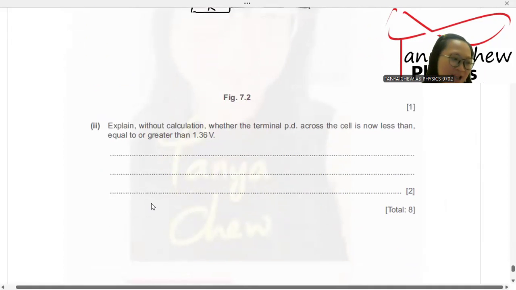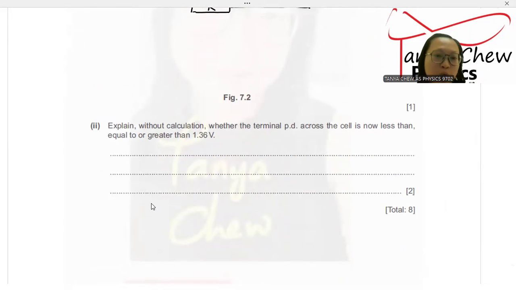Now, the next one, explain without any calculation whether the terminal PD across the cell is now lesser than, equal to, or greater than 1.36 volt. I want you to see this, right? We are using this equation of Ohm's law. Since the two resistors are being connected in parallel, the total resistance between these two resistors would decrease.